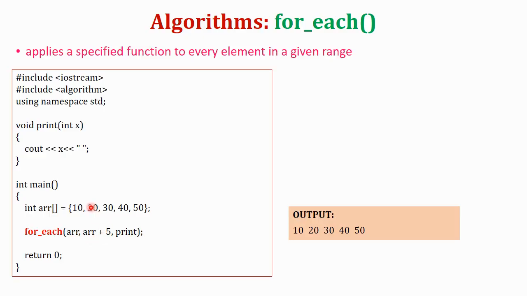Array plus 5 is the ending position, since we need both the starting and the ending position. Then we mention the function name, here print. When the statement is executed, control automatically moves to the function, and it prints the x value. So the contents inside the array will be printed: 10, 20, 30, 40 and 50.